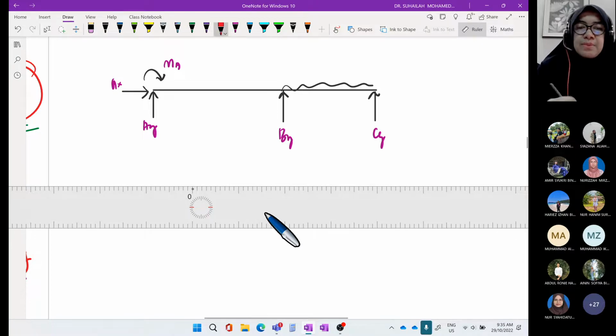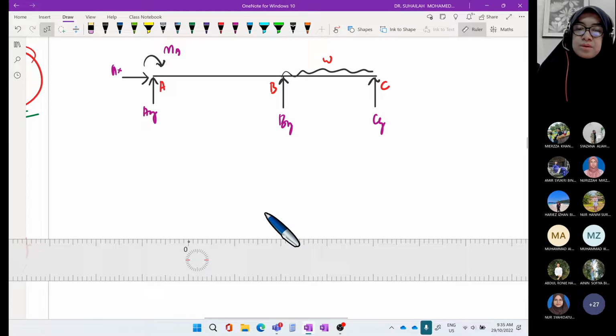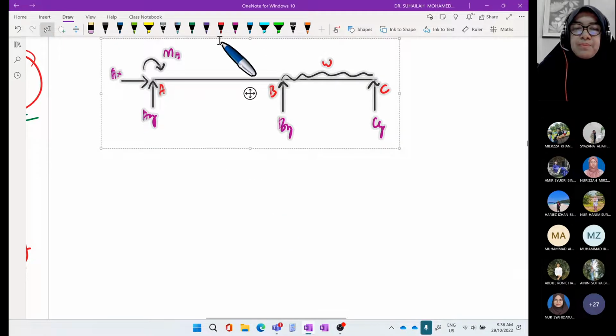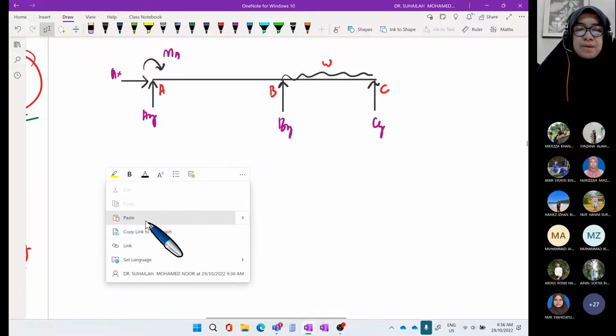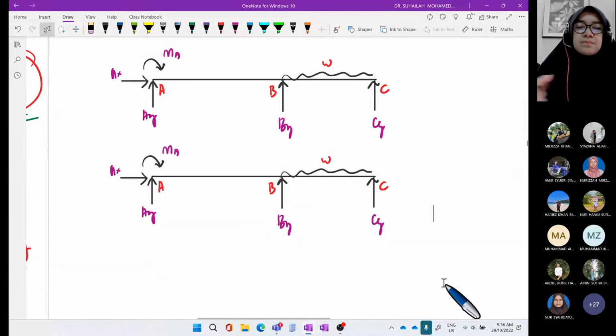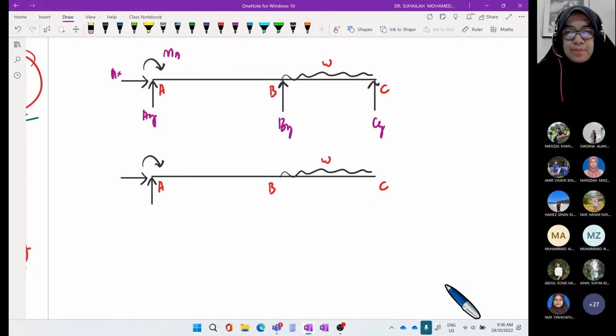We label the supports as A, B, and C, and this is W. This is equal to the primary beam, where we remove BY and we remove CY. So this is the primary beam.